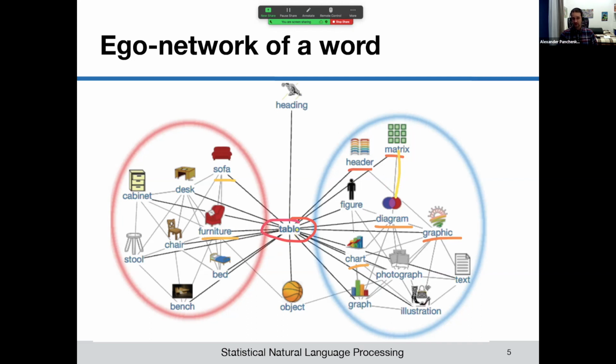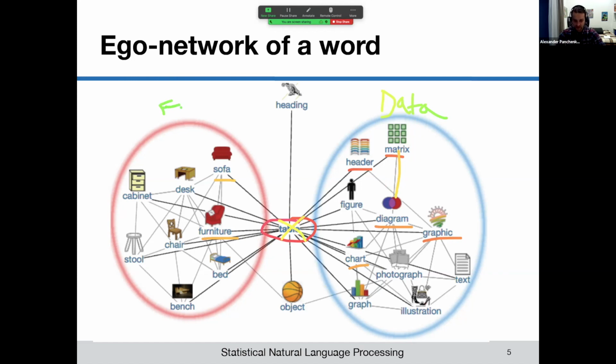And an interesting thing is that if you just exclude this word from this ego network, what you can get, for instance, is a set of word senses. So this cluster would correspond to some data sense, and this cluster would correspond to some furniture sense of this word.